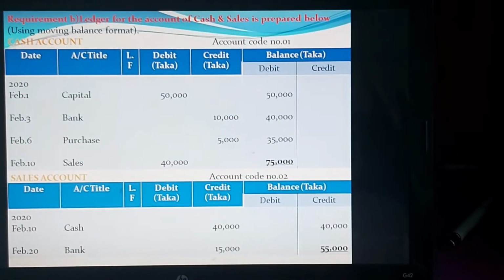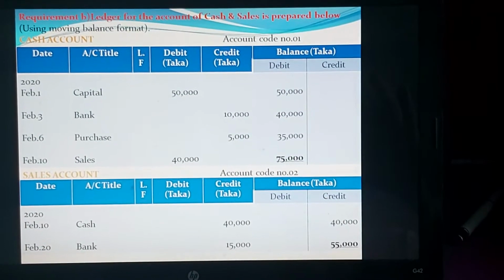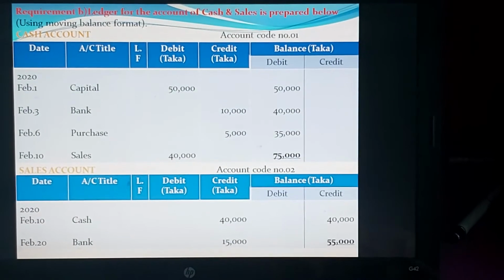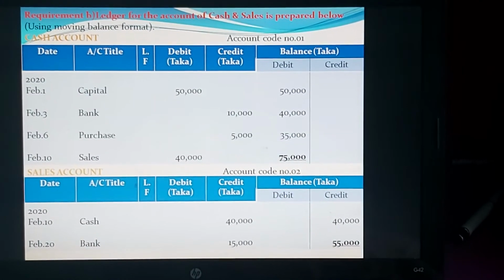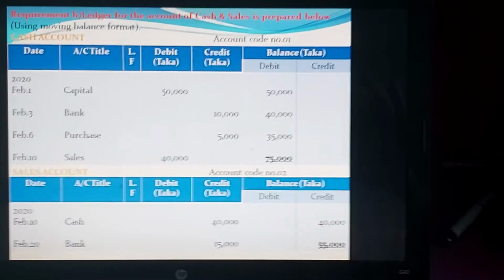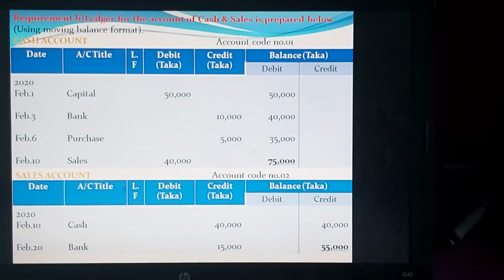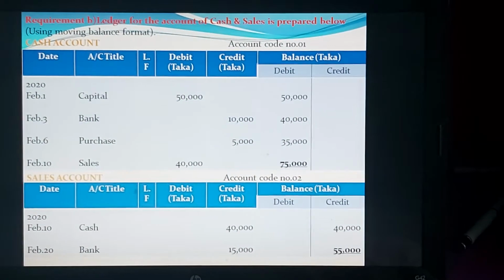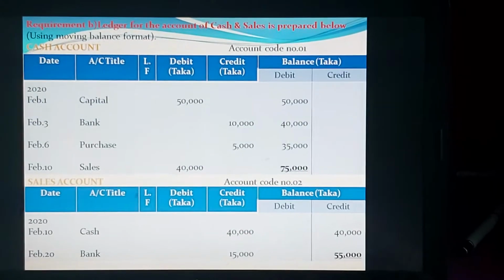So 35,000 plus 40,000 is equal to taka 75,000. At the end of the month of February, 75,000 debit balance is available in the cash account. Now this 75,000 amount is to be closed at the end of the month.